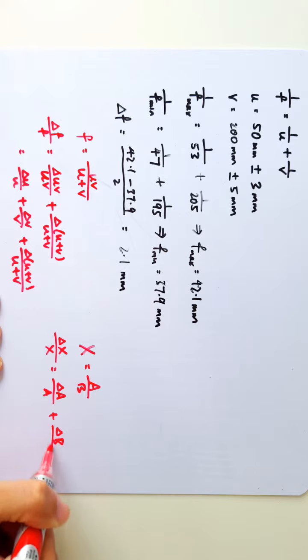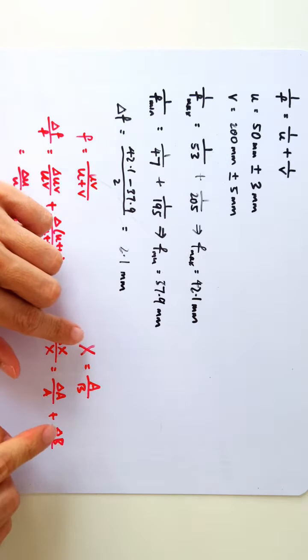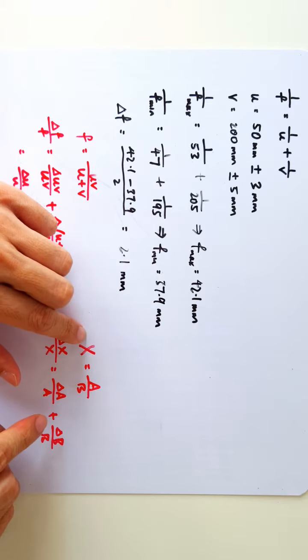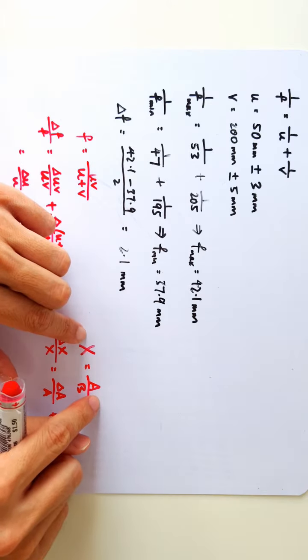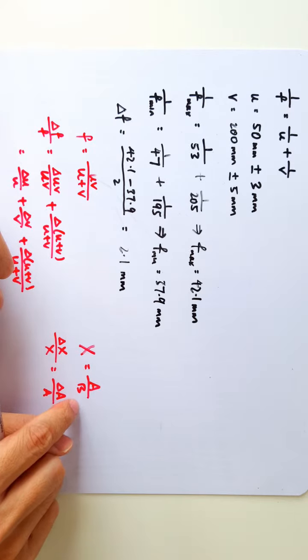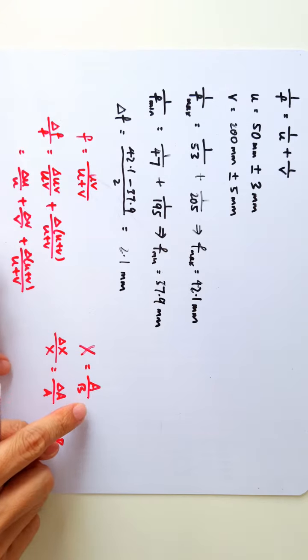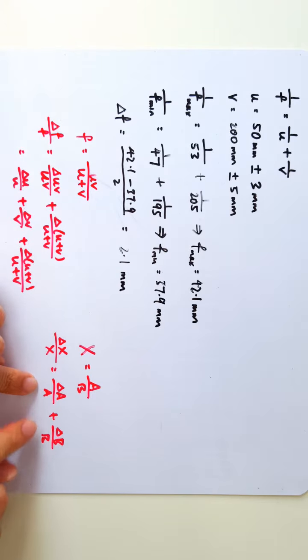But you have to realize the underlying assumption. So for example, when does the maximum possible value of x occur? It occurs when a is at the maximum but b is at its minimum. That's when we get the maximum value of x. And because of that, we can simply add up the fractional uncertainties in a and b.